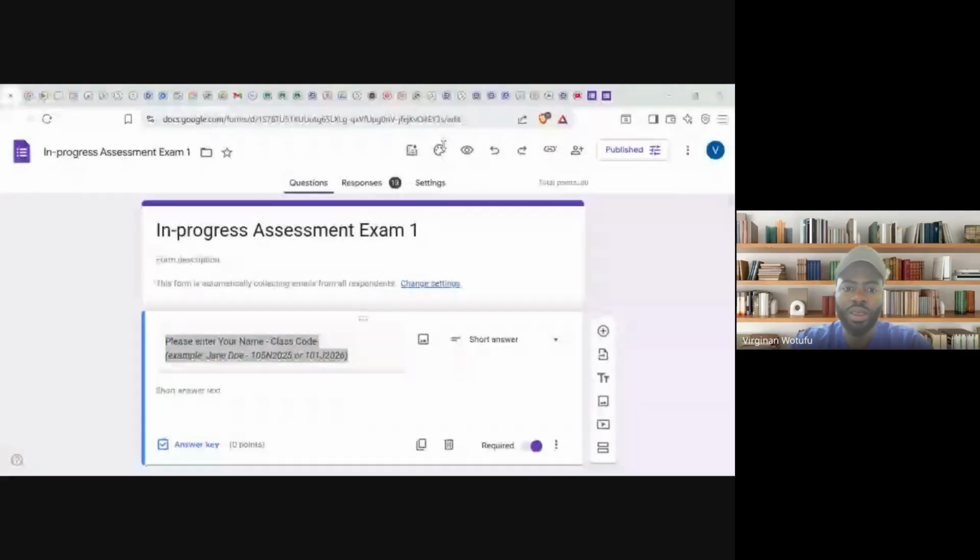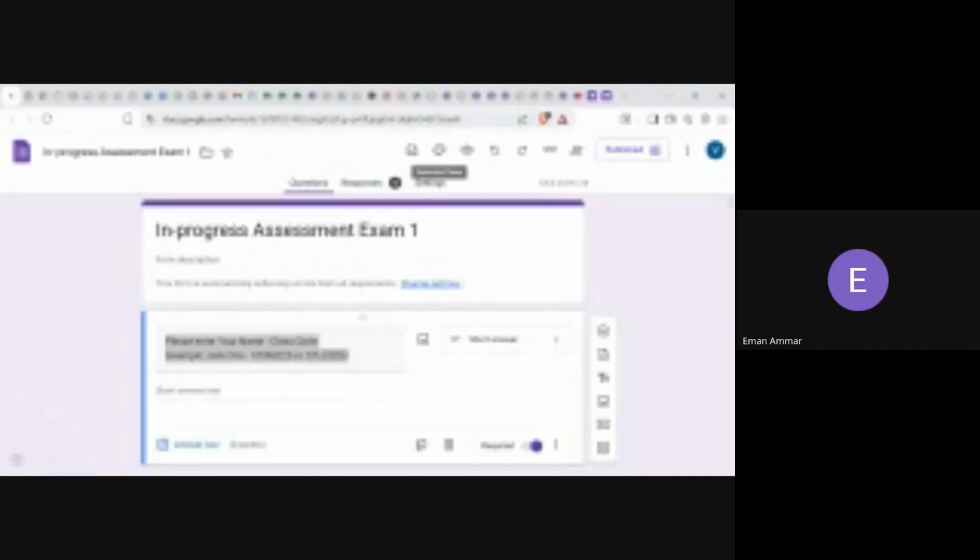Can you guys see the screen now? Yeah, it's okay. Okay.